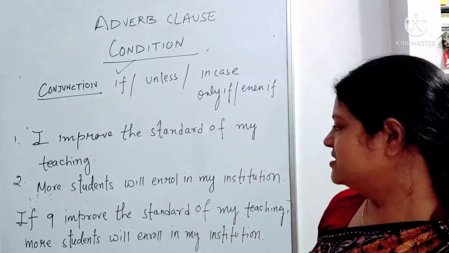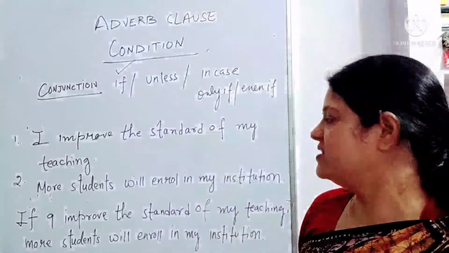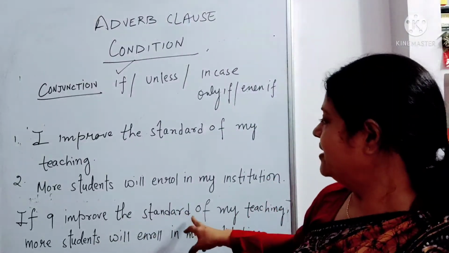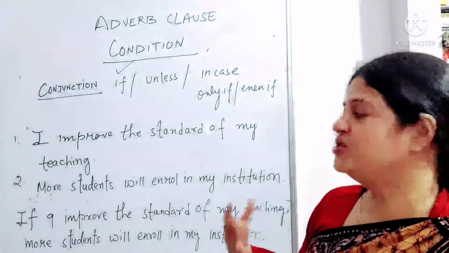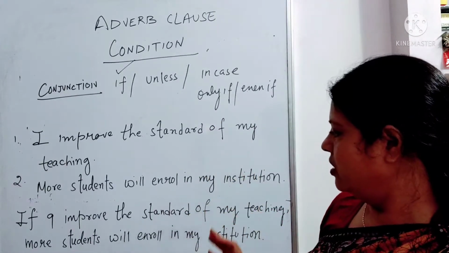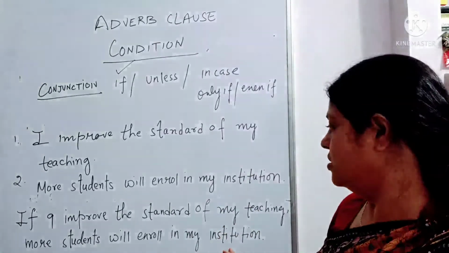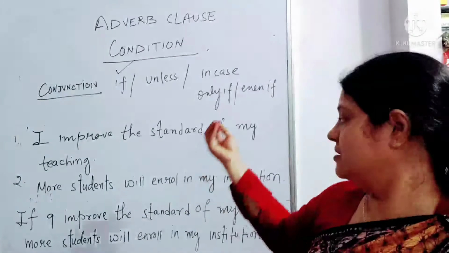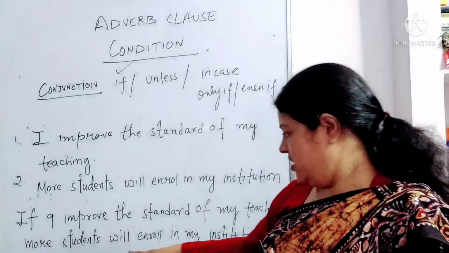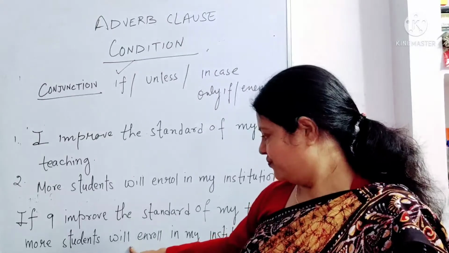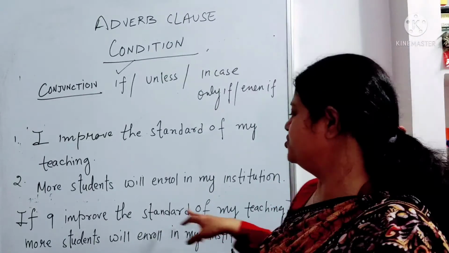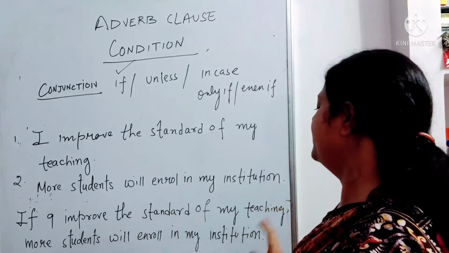Now it has become a complex sentence, and I just want to show you one thing: the sentence which is showing condition remains in present tense, while the principal clause has future tense. So more students will enroll in my institution if I improve the standard of my teaching.